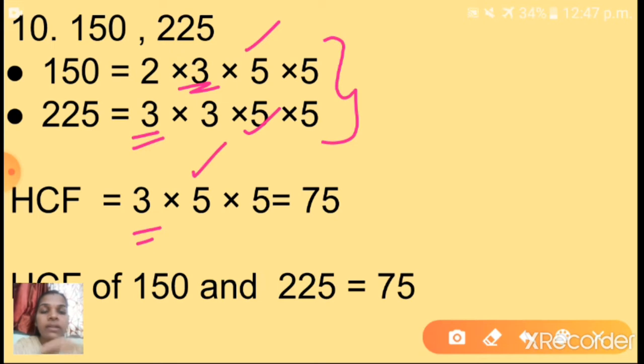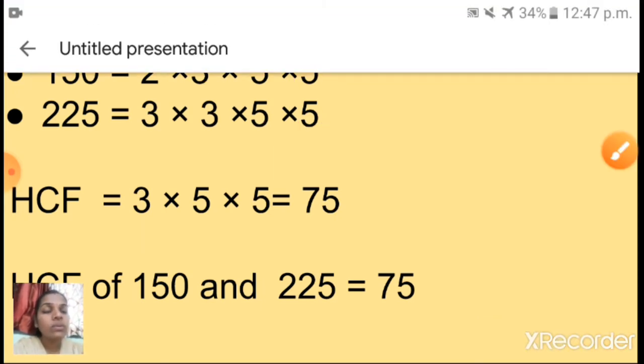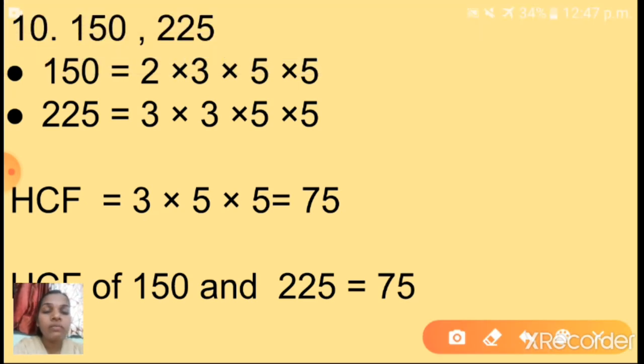So one time I have written 5. 3 into 5, again we are having 5 in the factors of 150 and 225. That means another 5 I have written here. Okay, so 3 into 5 into 5, that is 75. 3 5's are 15, 15 5's are what? 75. So HCF of 150 and 225 is equal to 75.